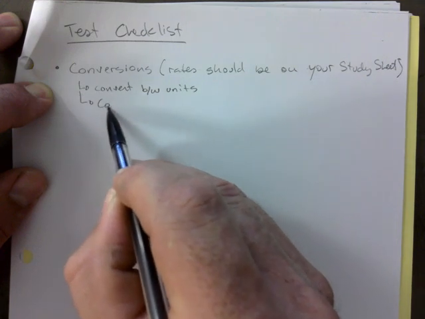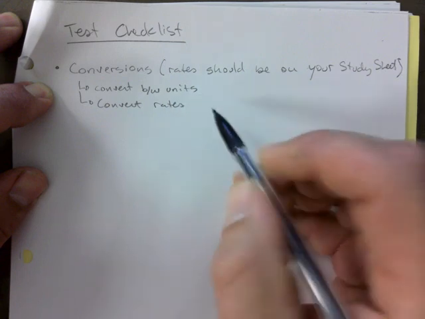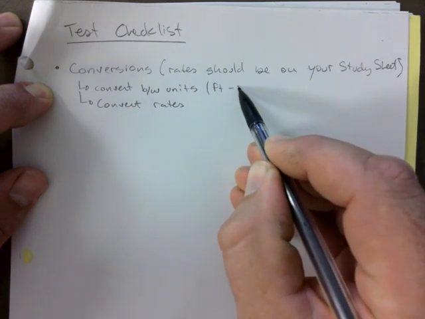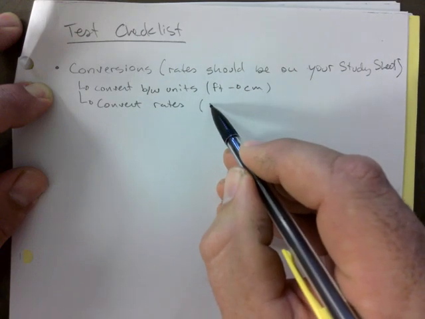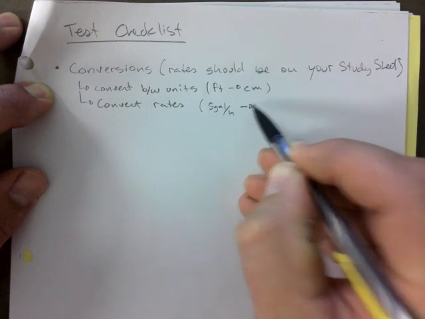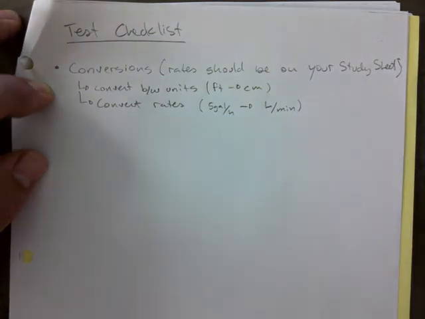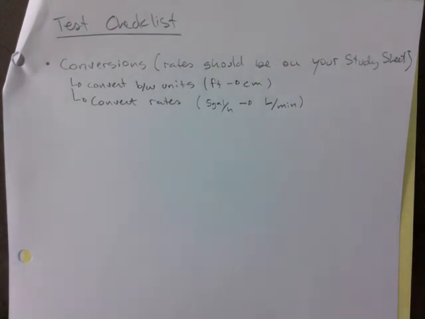Another one would be convert rates, right? So this would be, you go from feet to, let's say, centimeters. This would be 5 gallon per hour to, let's say, liters per minute. Right? You're simultaneously converting two things, right? You're doing two in one shot, so it's a bit longer. So converting rates.